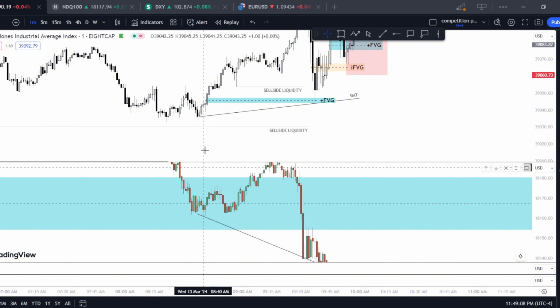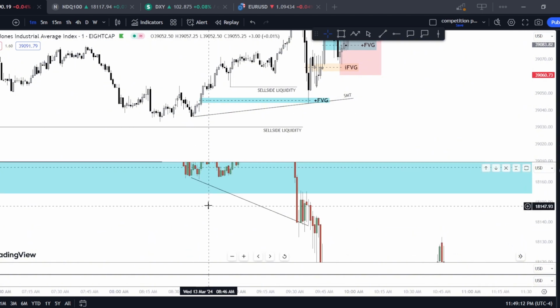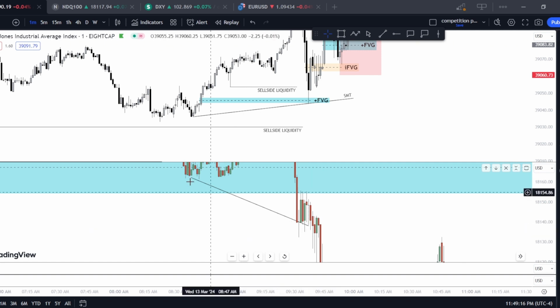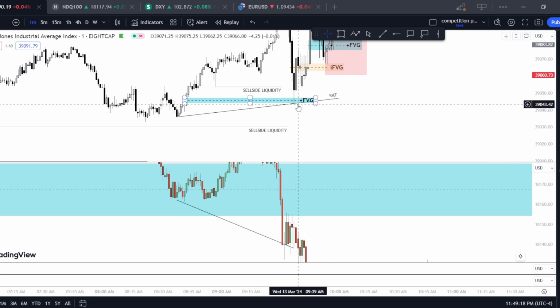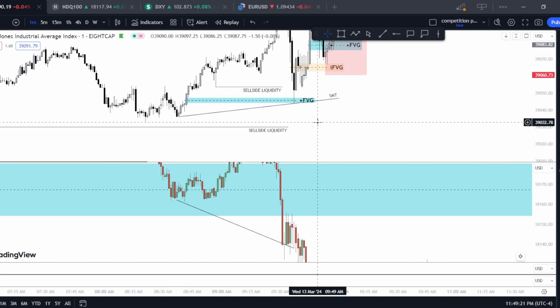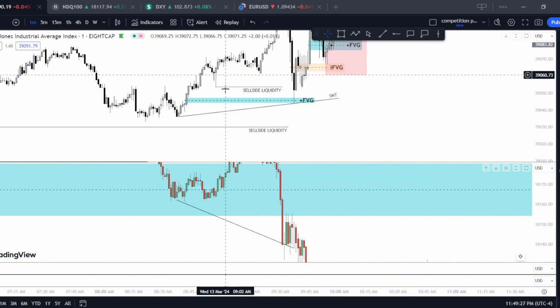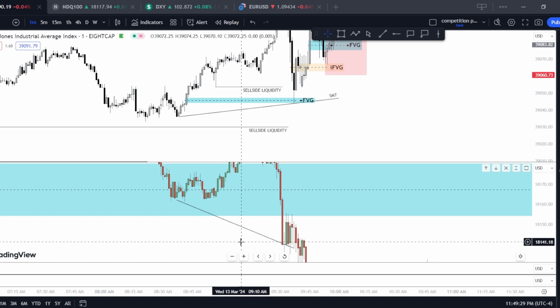So we have a low on US30, we have a low right here on Nasdaq. Notice that we have a lower low on Nasdaq, but we have a higher low on US30. Why is that? So right there we have a cracking correlation between these two correlated pairs.